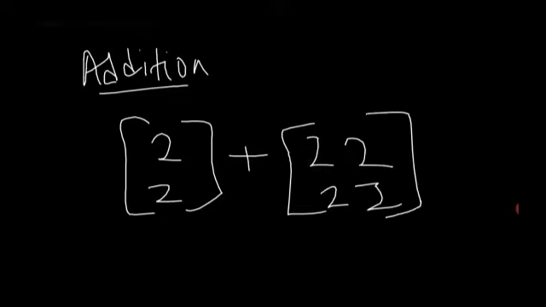Why? That's the rule. So let's say I have a matrix Aij plus or minus Bij.